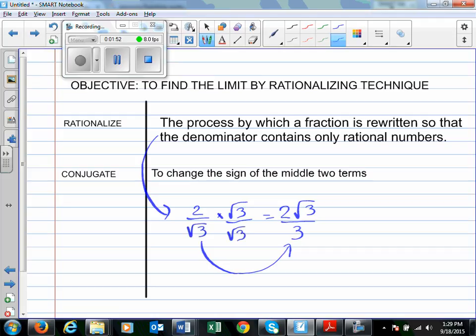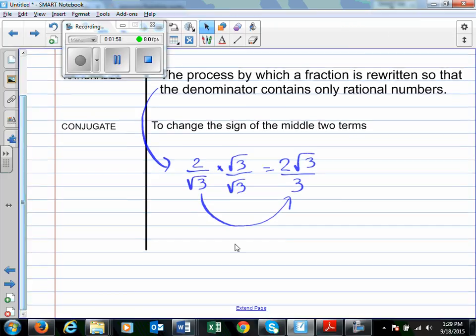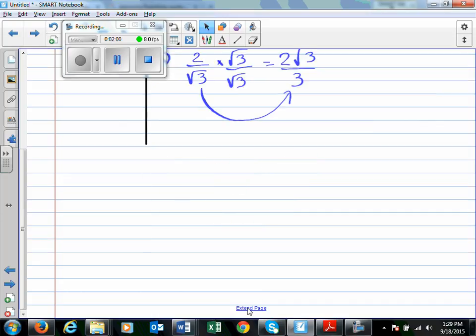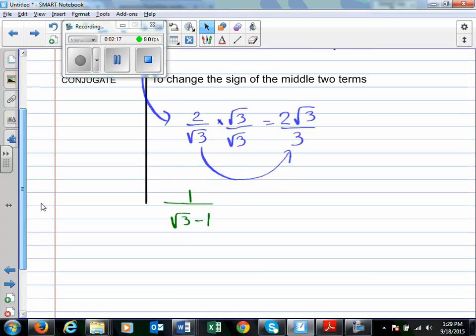Now another example that I want to bring to your attention, and you have done this before last year. It is say 1 over square root of 3 minus 1. Do you remember what we did with this?